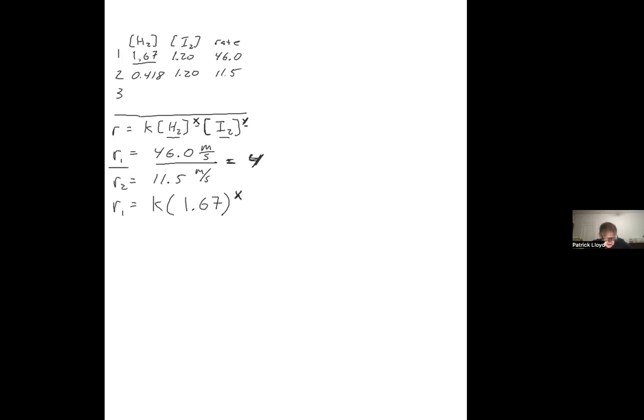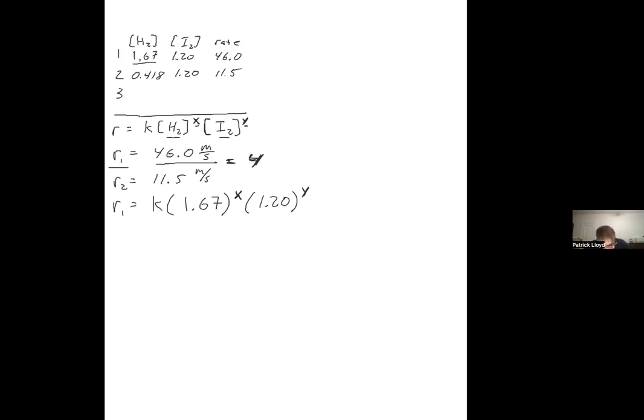I'm just plugging in the known concentration of H2, 1.67 raised to the X, times the concentration of I2, which is 1.20, raised to the Y. So that would be the rate law for reaction 1.